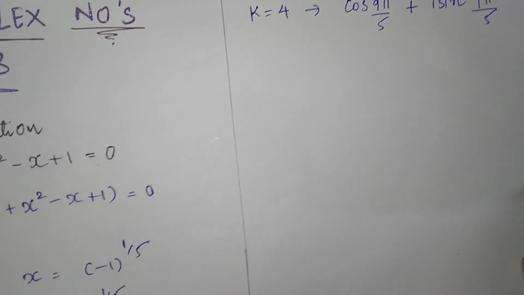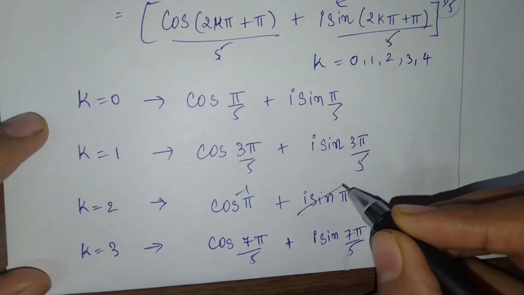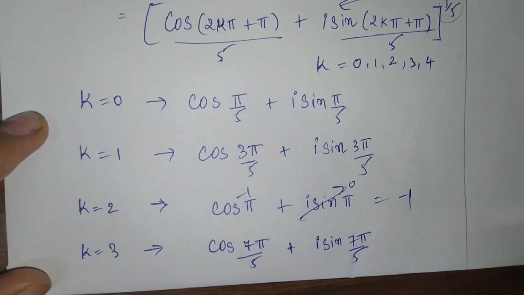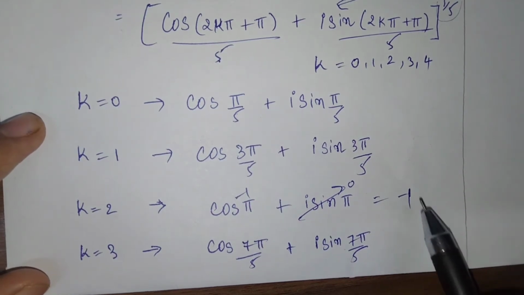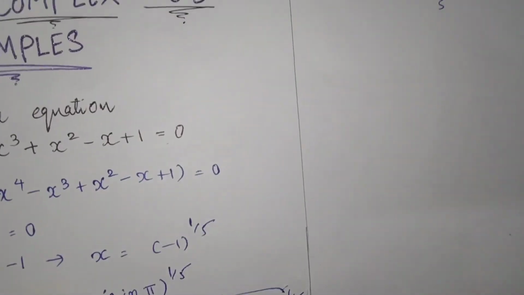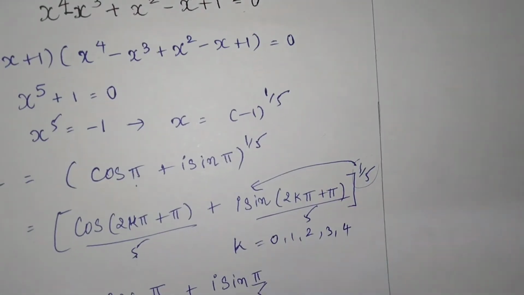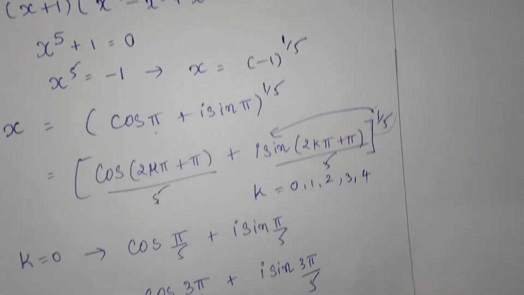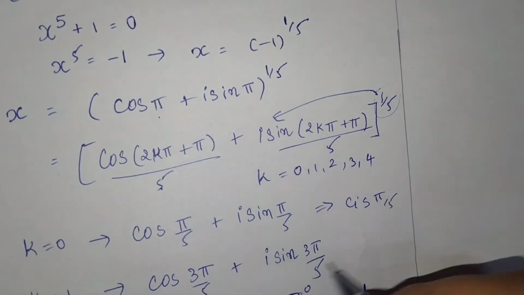And here, if we put the values, I will get minus 1 and this term will be 0, so minus 1. So this root we will not consider as we got minus 1. So neglecting this root, there are 4 roots available. We can write cos pi by 5 plus i sin pi by 5 as cis pi by 5, cis 3 pi by 5.